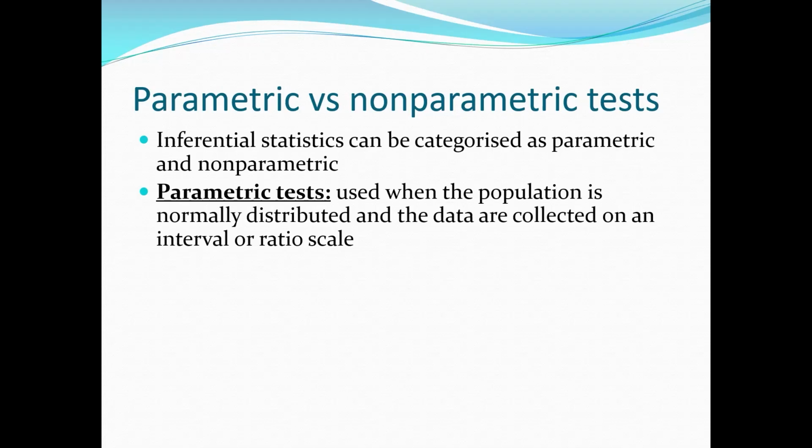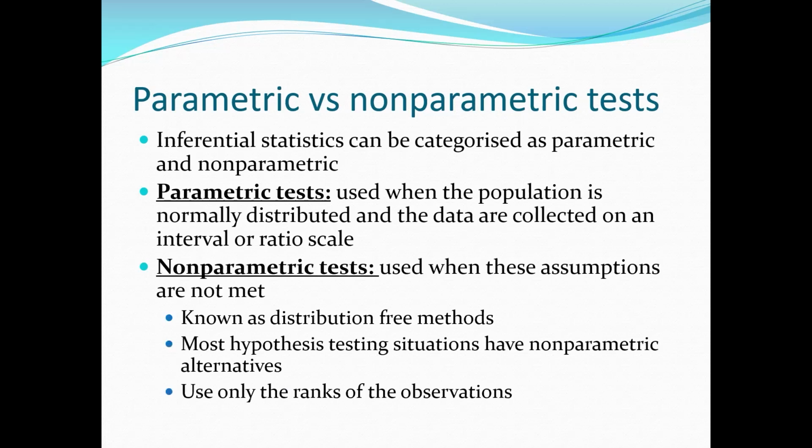If you find that the data are normally distributed, you can use parametric tests. If the data are not normally distributed, you cannot use parametric tests. You have to use non-parametric tests. Non-parametric tests are used when these assumptions are not met, that is, when the data are not normally distributed. So they are known as distribution-free methods.